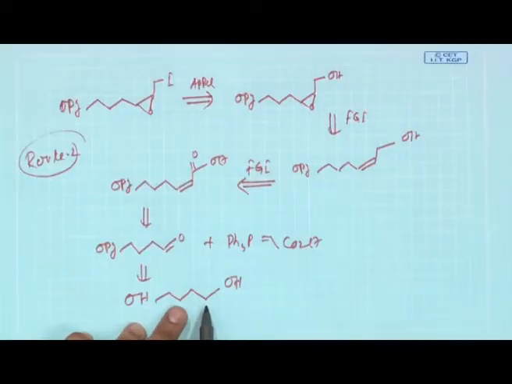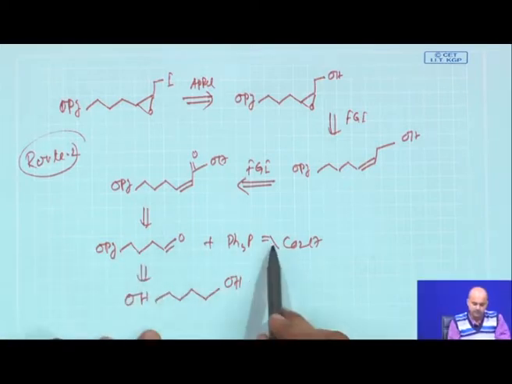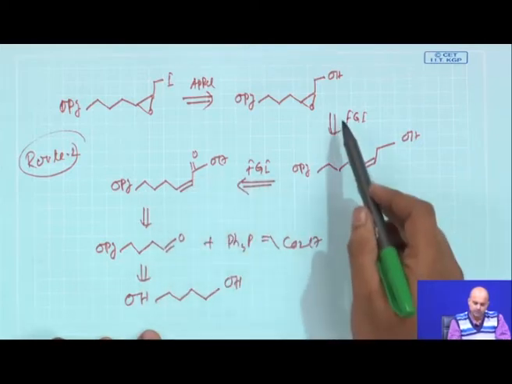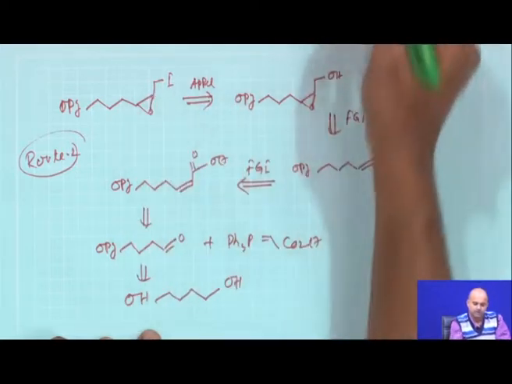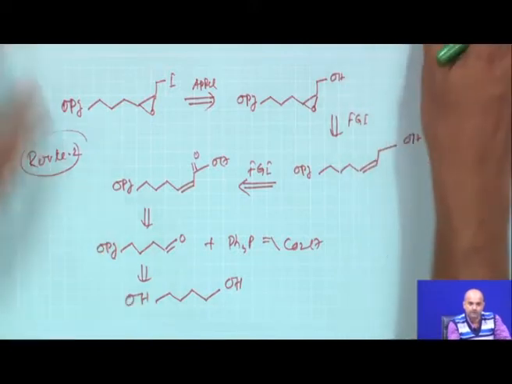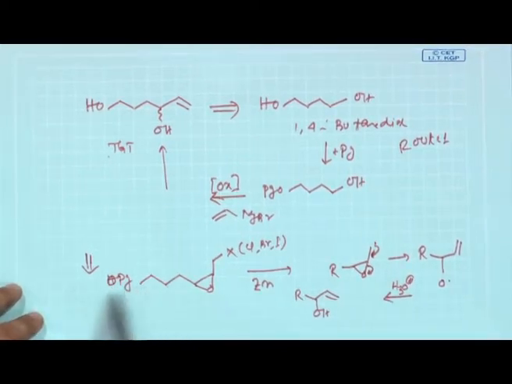How many steps? You start with alcohol, then monoprotection, oxidation is 2 steps, Wittig is 3 steps, then you do a dibulk 4 step, epoxidation 5 step, Appel reaction 6 step, then de-iodination through epoxide opening, and finally you have to get rid of this protecting group.